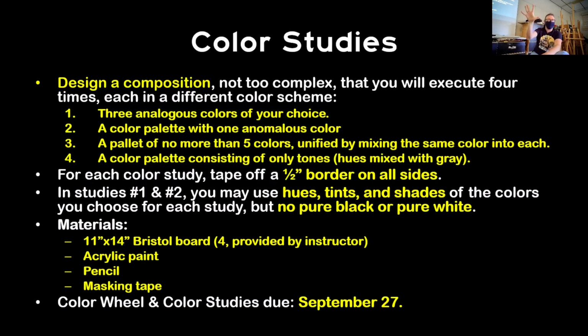So up to 5 that are unified by mixing the same color into each one. I don't want you to go over 5. I mean, don't just have 1. That doesn't help. But 2, 3, 4, or 5 is fine. And lastly, a color palette consisting only of tones, hues that are mixed with gray.